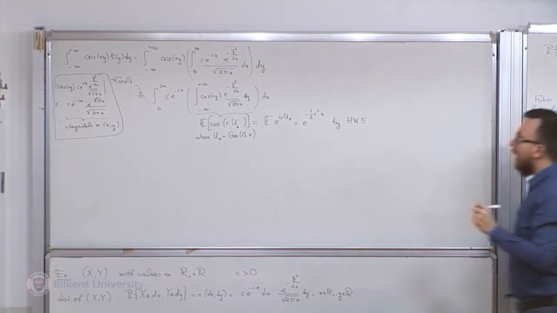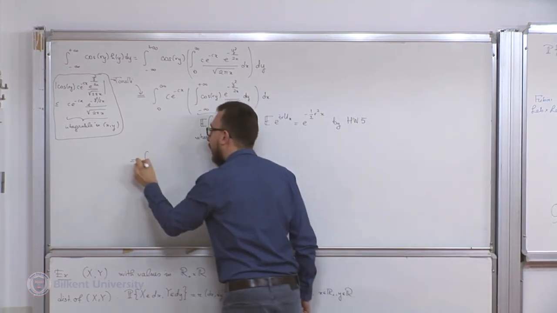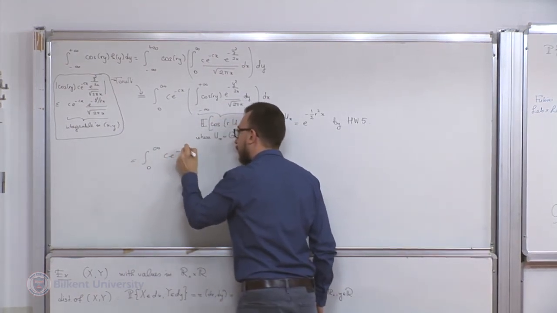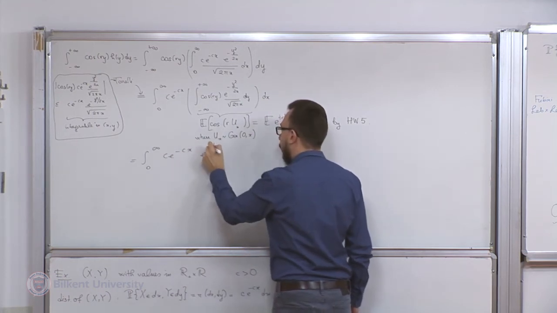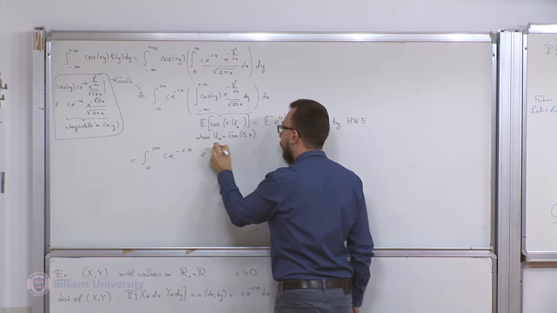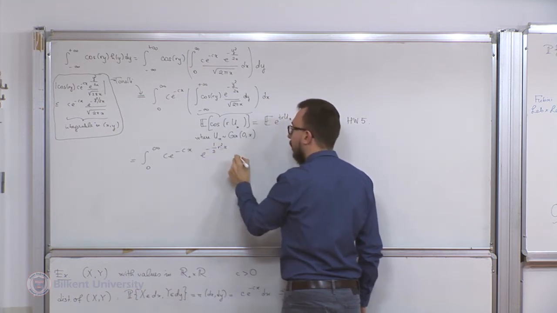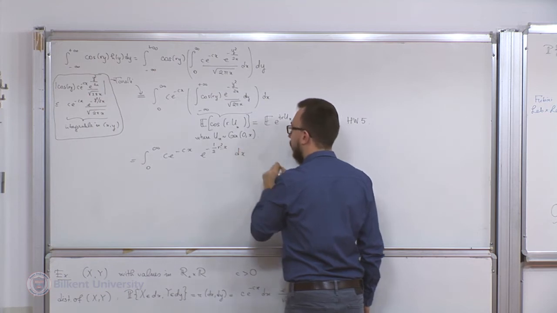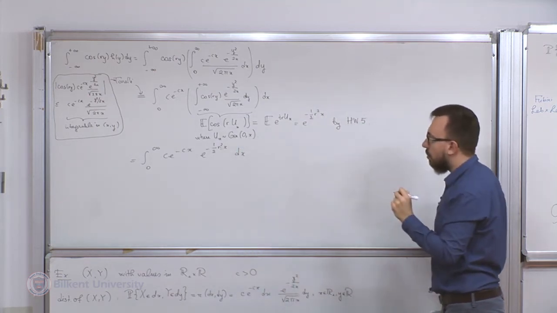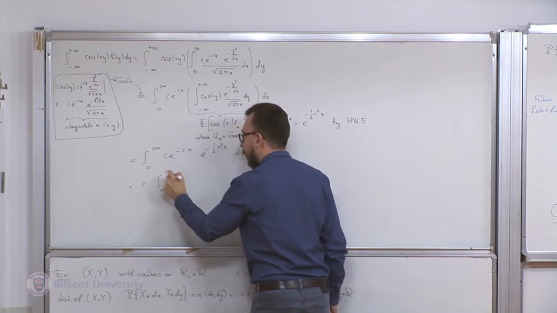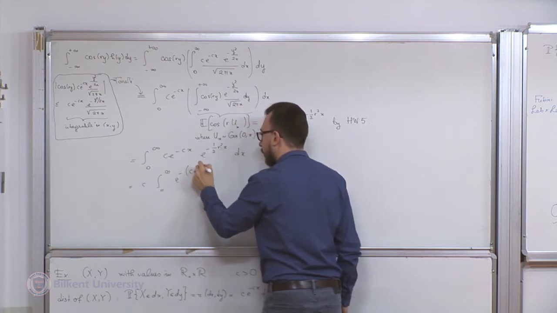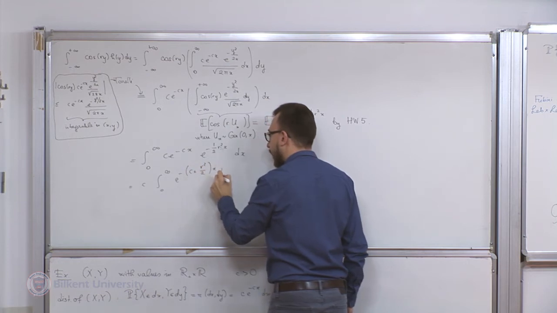So in fact, we can simplify this integral a lot. 0 to infinity c e to negative cx, e to negative 1/2. Let me write it as r squared x dx. Right? So what is this? 0 to infinity e to negative c plus r squared over 2 times x dx, right?